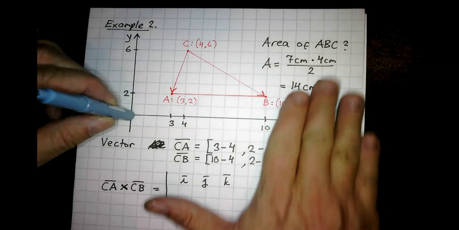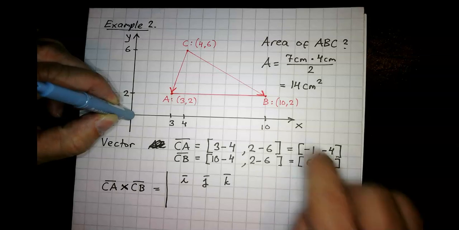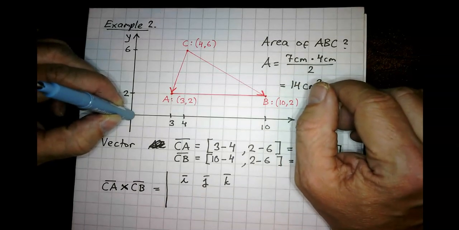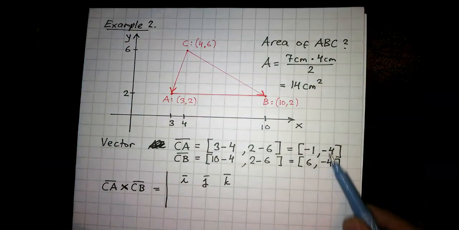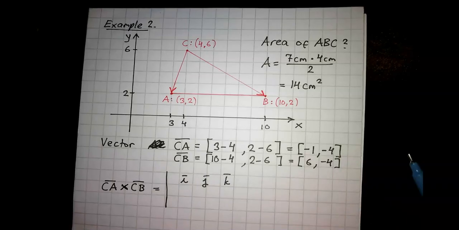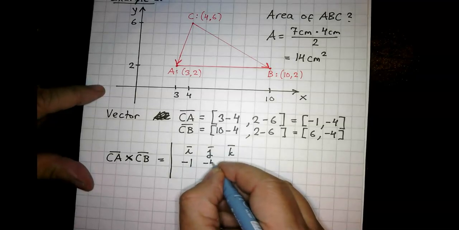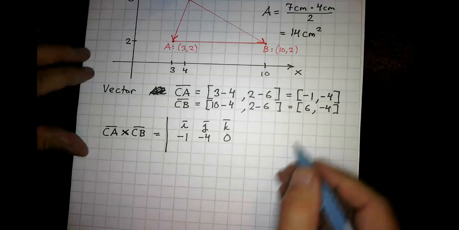But when the triangle is in the XY plane, that means that all Z components or all the Z coordinates will be 0. So actually, even though I did not write here the Z coordinates, they will be 0. So here we have minus 1, minus 4, and 0, the third component there.